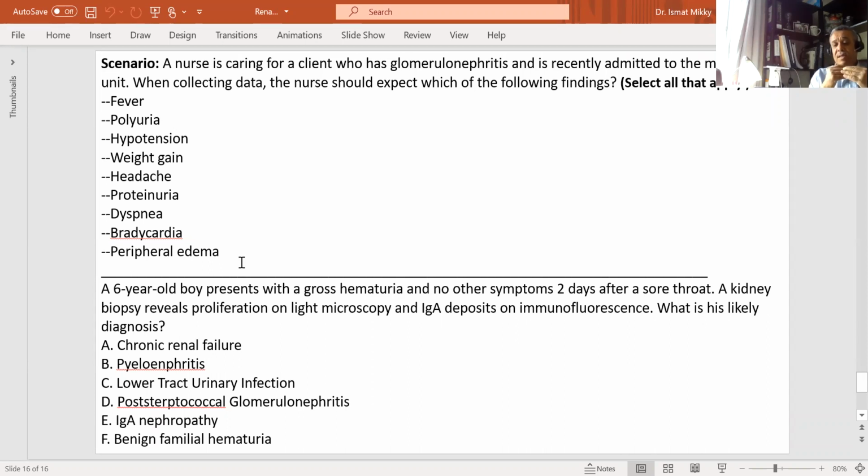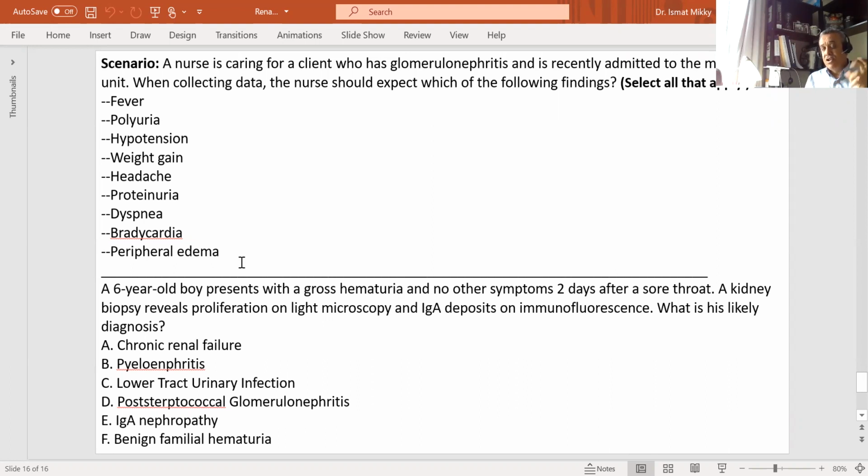The difference between IgA nephropathy, Berger disease, and post-streptococcal AGN is that post-streptococcal AGN is also post-infectious, but presents 10 days up to 2 weeks after the streptococcal pharyngitis.